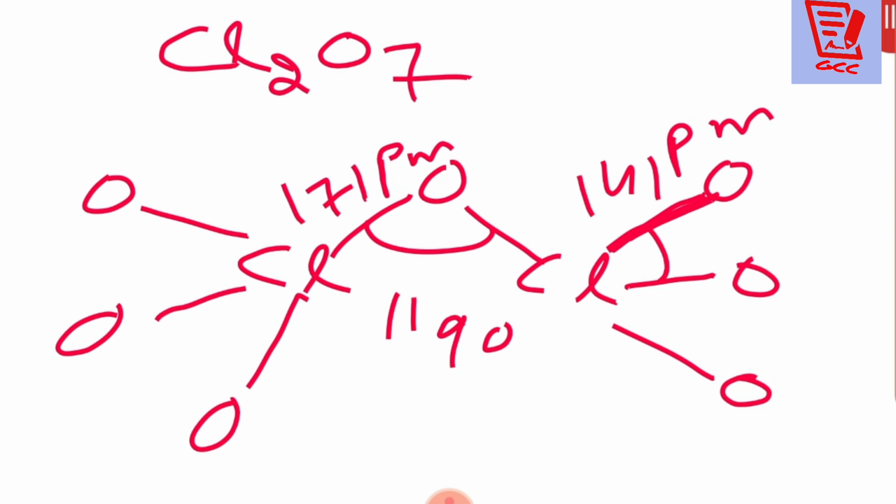And here the bond angle is 115 degree. Clear? This is what we talk about. We have talked about the halides' reactivity towards oxygen. Okay, that we have done. Students, I hope you understood this one.